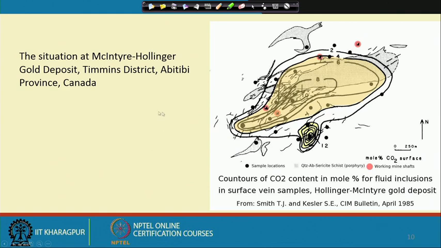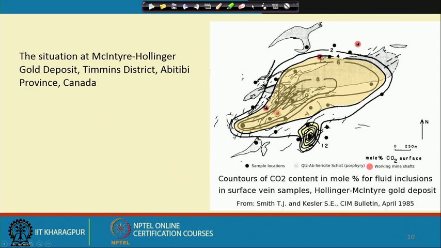This is an example from the famous McIntyre-Hollinger gold mine from the Timmins district of Abitibi province, Canada, which was done way back in 1985 by Smith et al. This is a very interesting diagram where these contours are based on the mole percent of CO2 in the inclusions, and we could see that the rich mineralized zones are basically falling on the contour which is more than a particular value of the mole percent of carbon dioxide, which is 5 mole percent.